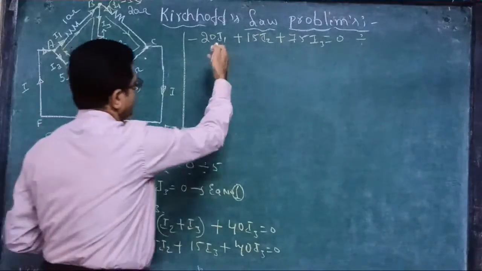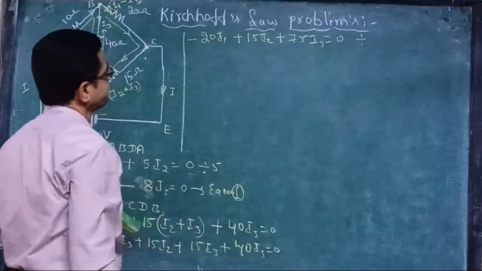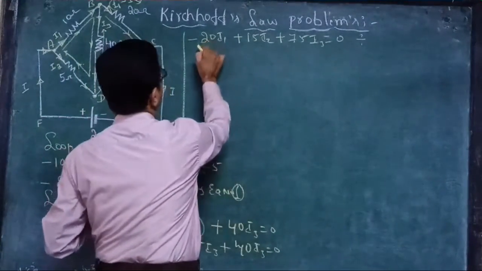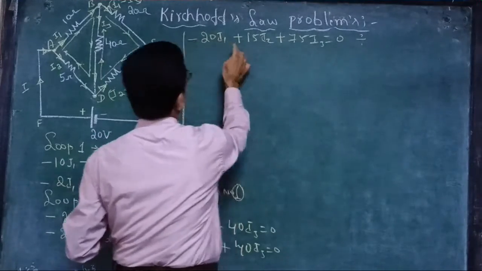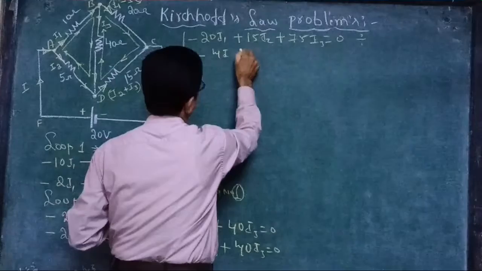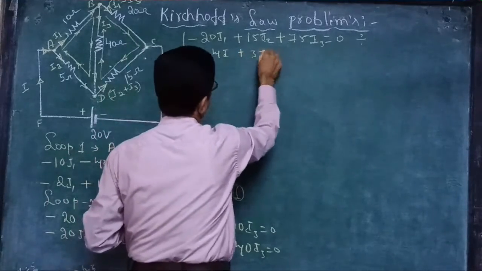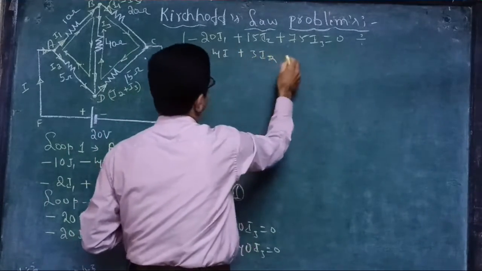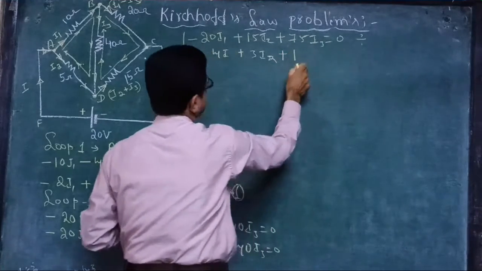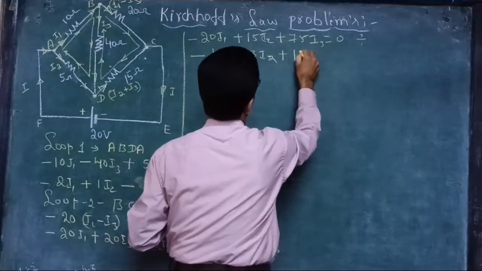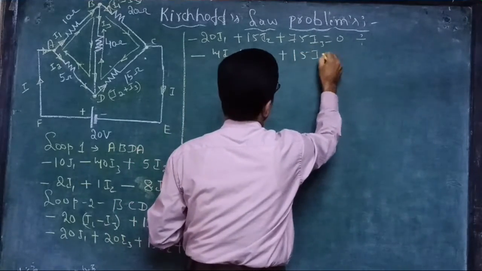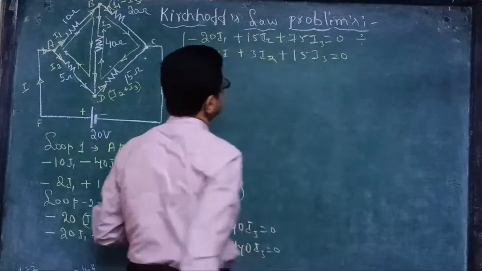So we can easily simplify this equation by dividing by 5. 5 4s are 20, minus; 5 3s are 15, plus 3 I2, plus 5 15s are 75 I3 is equal to 0.